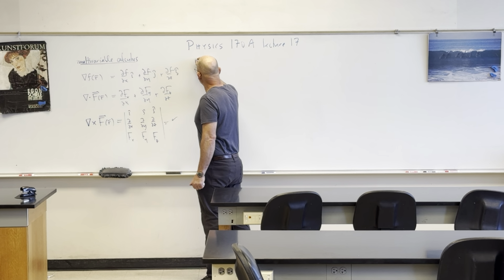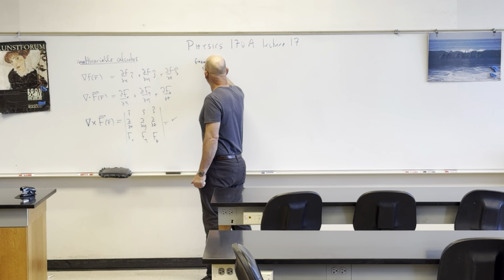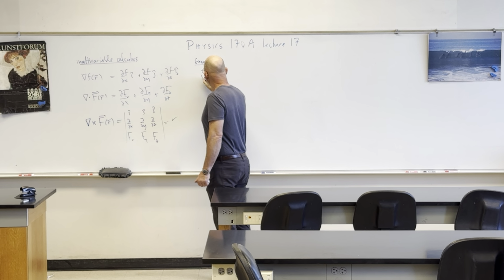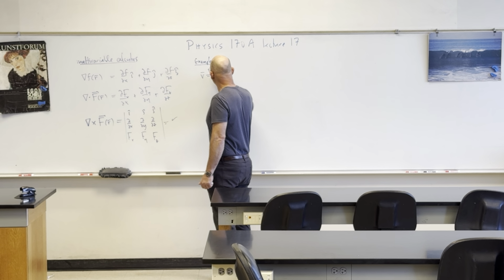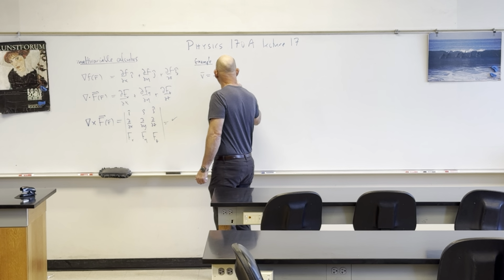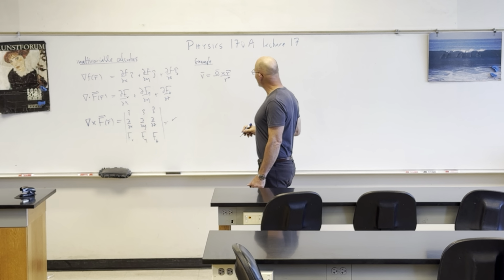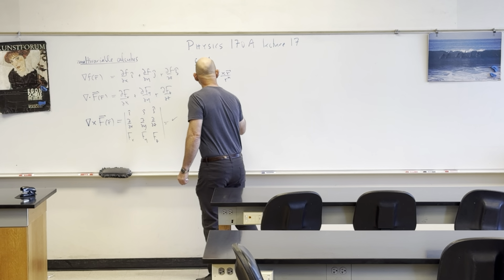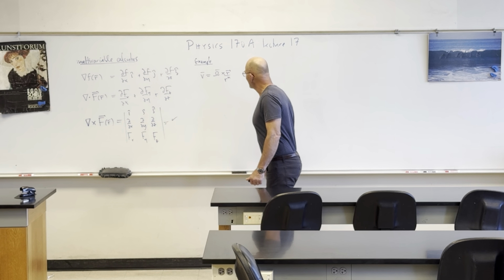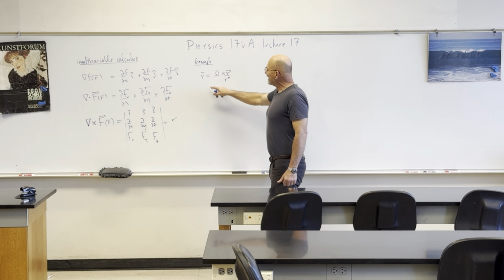The example that's on the homework, I'll write the general one down: V equals omega cross R over R to the N. So this is just a vector field.